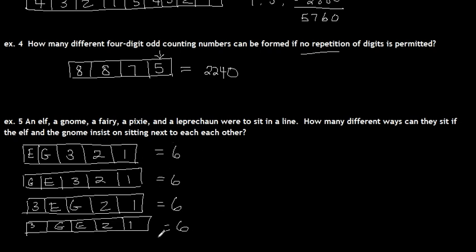So there's 8 possible ways we could put the elf and the gnome, so it would be 8 times 6. And that would be 48 ways that they could sit if the elf and the gnome had to sit next to each other. So hopefully that all makes sense, and since we're in the middle of a class, you can ask questions from there.